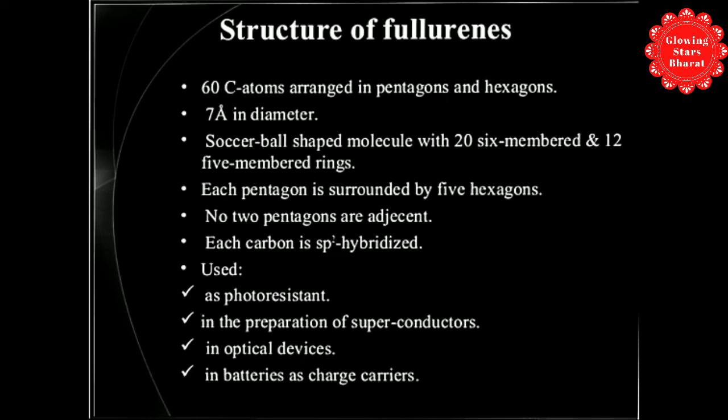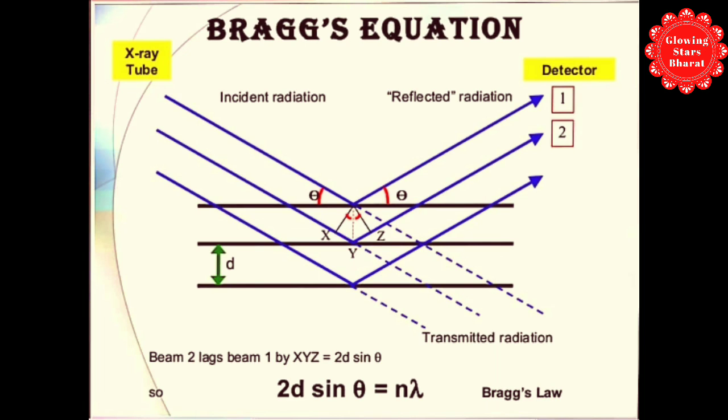Bragg pointed out that the scattering of X-ray by a crystal could be considered as reflection from successive planes of atoms in the crystal. The process was based upon the principle that a crystal may be considered to be made up of a number of parallel equivalent atomic planes, represented by lines AB, CD and EF in the figure shown below.